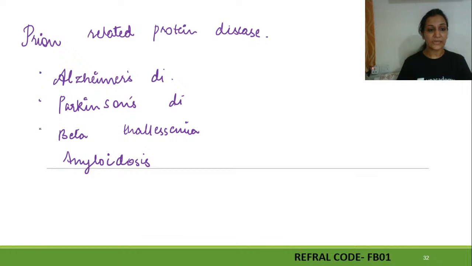So these are the prion related protein diseases. Diseases are very important because direct questions will be asked whether they belong to the prion diseases or prion related protein diseases. So you need to just identify the difference.